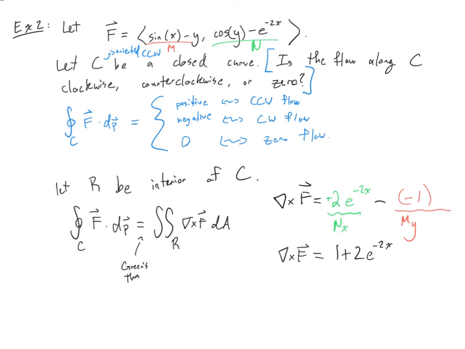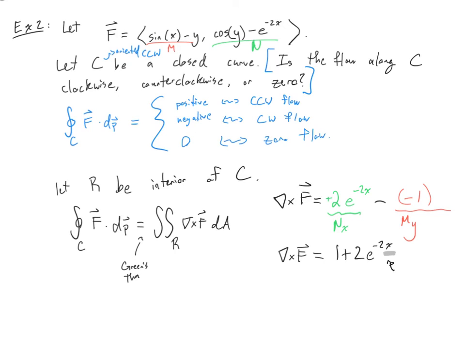So the thing I'm going to notice here is we've seen a lot of things where the scalar curl was constant, and in this problem it varies depending on what x is, because as x varies, you get different curls. What this should be telling you is that when you drop that basketball or beach ball into this vector field, at different places it's going to be spinning in different ways.